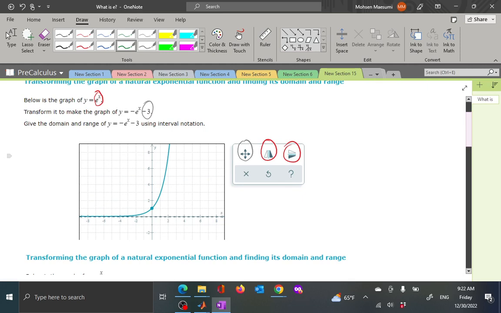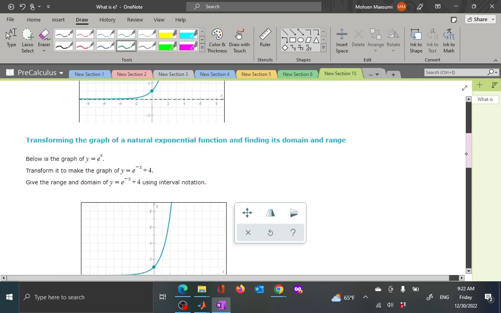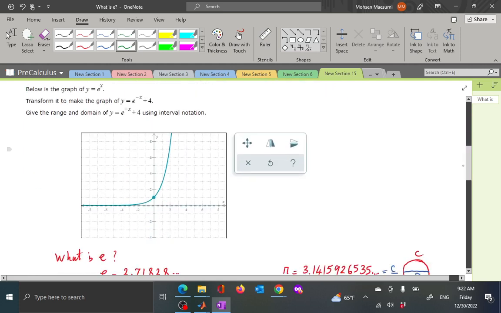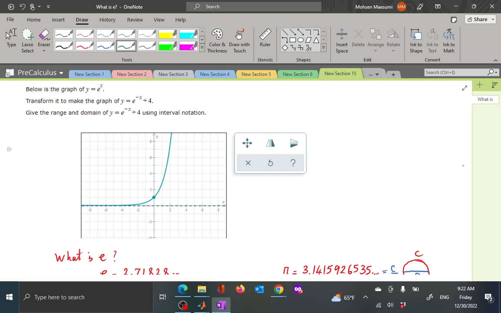We are making modifications. Either the function is multiplied by a minus or the x is multiplied by a minus. If the minus is in front of e to the x, we are flipping upside down, or flipping across the x-axis. If the minus is in front of x, we are flipping left to right, and in that case we are using the other flipping mechanism.